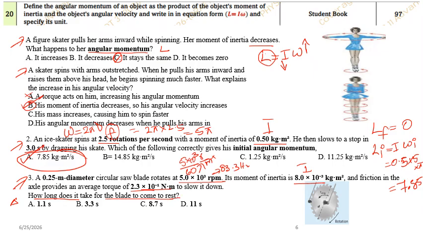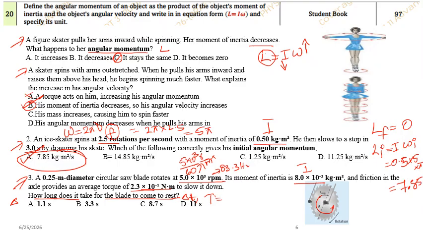The blade is running right now, and there is friction on the blade. After switching off, the blade slowly comes to a stop. So how much time will this blade take to come to rest? You need to calculate the time, delta t, and the torque they have given.